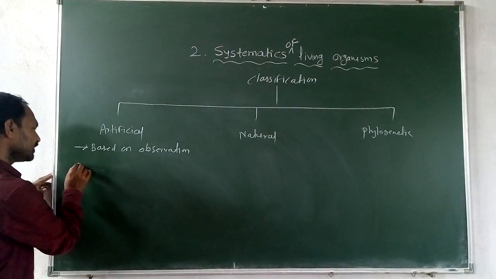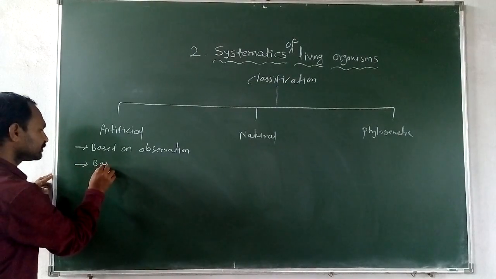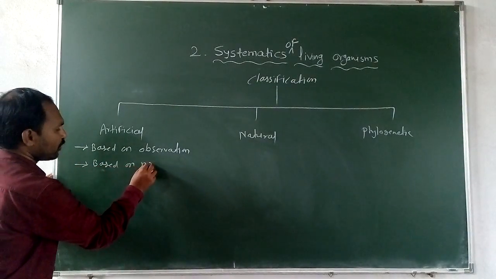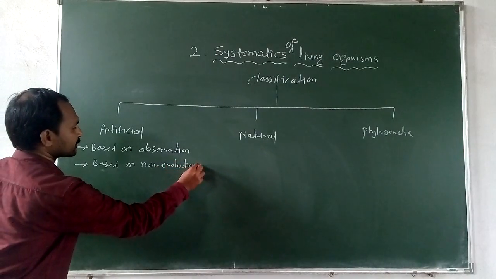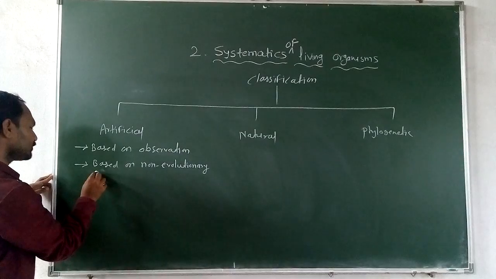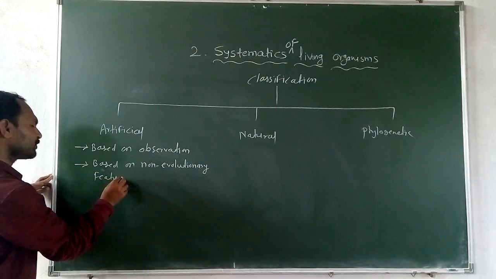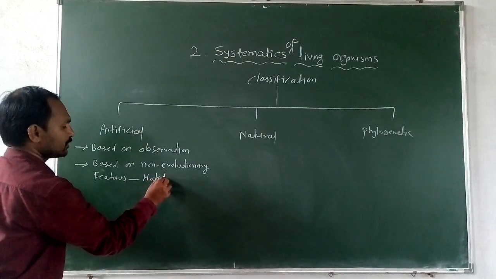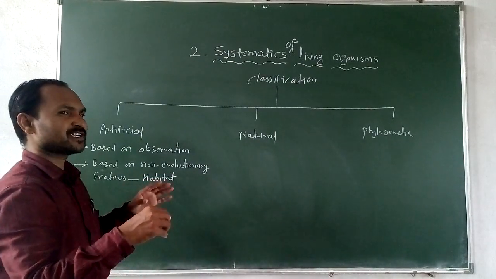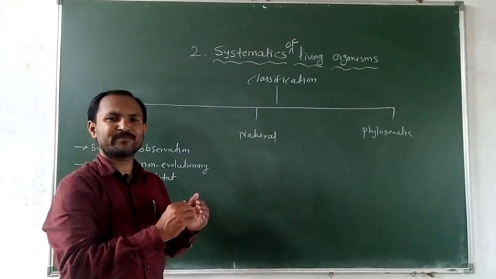Second point, it is based on non-evolutionary features, means those features did not evolve in those plants or animals. Those features are such as the habitat of the organisms. If there is the same habitat, we can make the same group of those organisms.